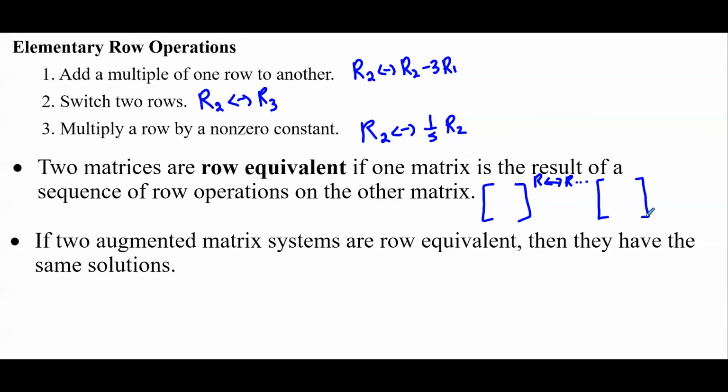Something has changed. Two matrices are not equal unless they have the exact same entries in the exact same places. But we're going to call them row equivalent if you can do a row operation to get from one to the other, or any sequence of row operations to get from one to the other.